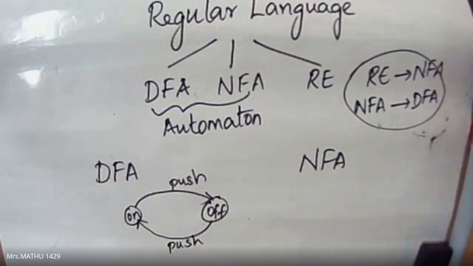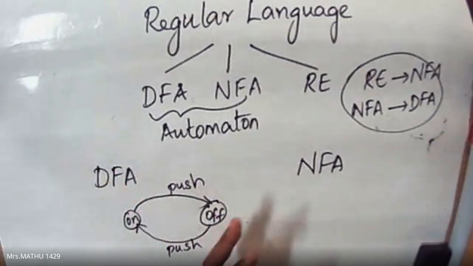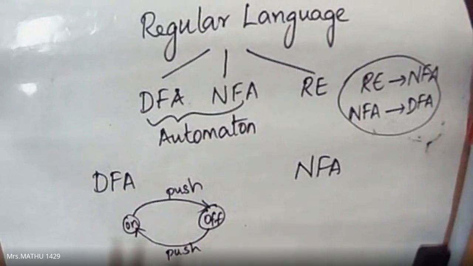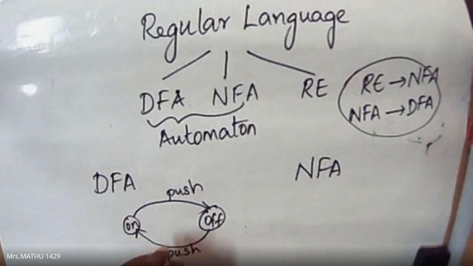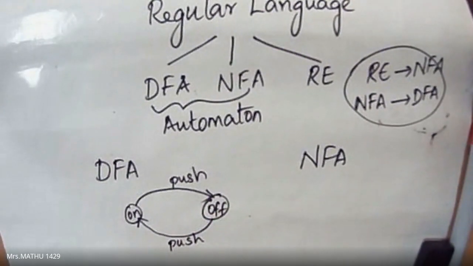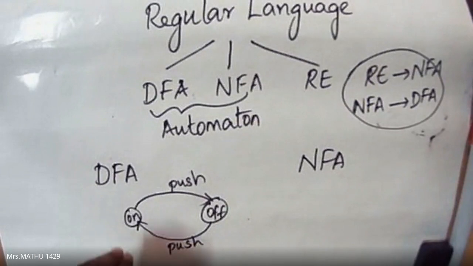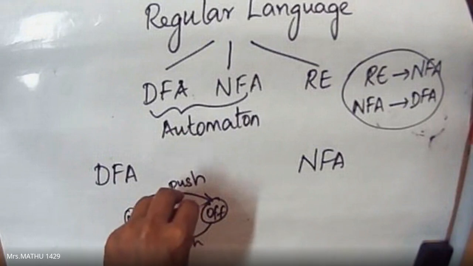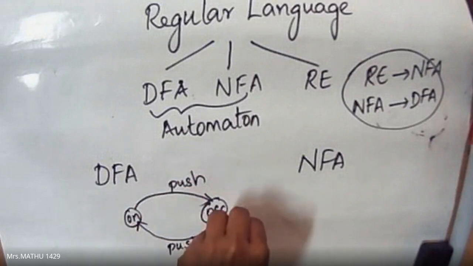It is determined: from a particular state, if you give this input, it will definitely go to this particular state. You will be able to say it deterministically. That is called the deterministic finite automata. From the on state, on giving some input, a transition happens and you move to another state.